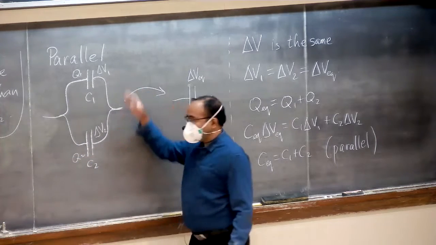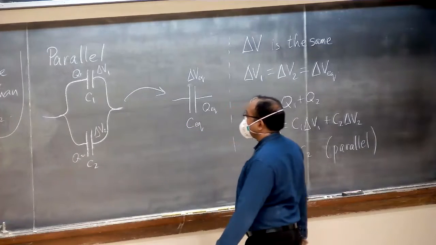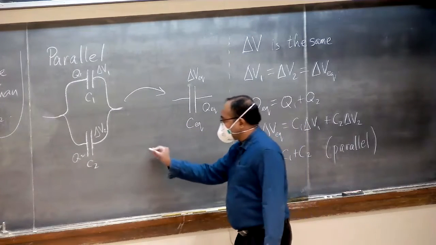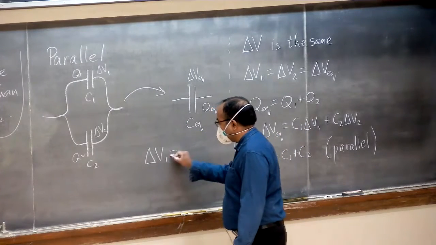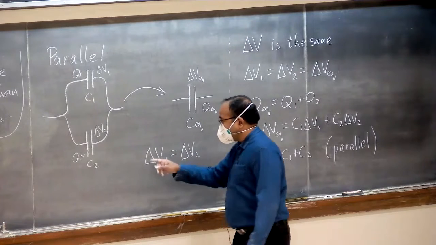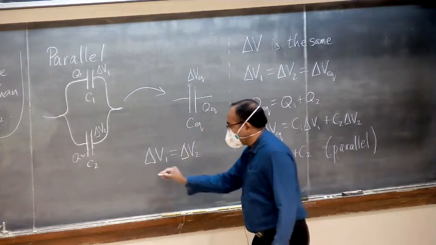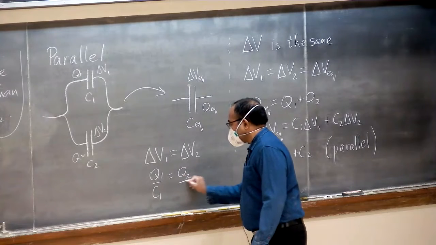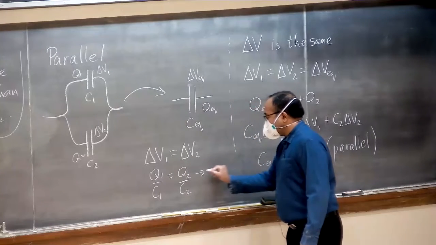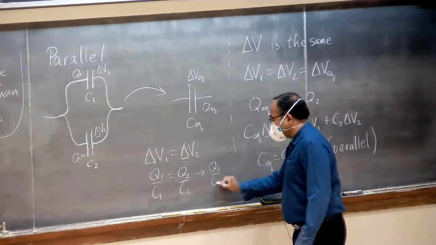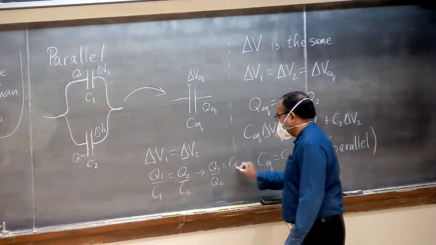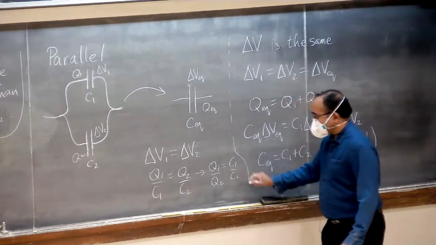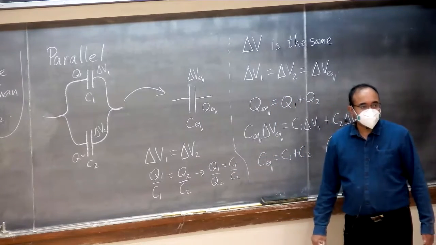They have the same delta V, so delta V1 equals delta V2, but delta V is equal to Q over C. So Q1 over C1 equals Q2 over C2, which you can rearrange to Q1 over Q2 equals C1 over C2. So the bigger the capacitance, the bigger the charge.